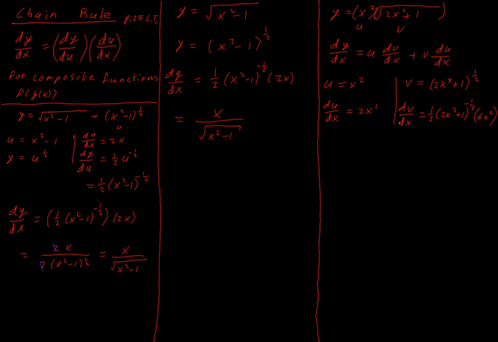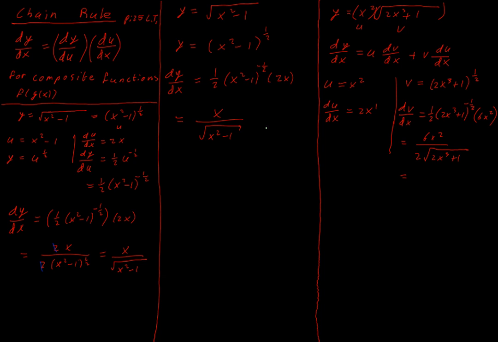So I simplify this down. Simplify down your dv dx before you sub in. So this is going to be 6x squared all over 2 on the square root of 2x cubed plus 1.